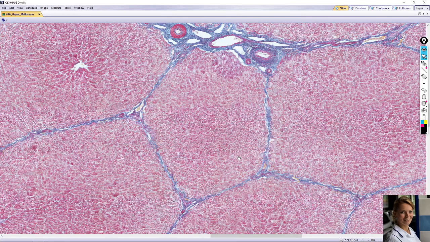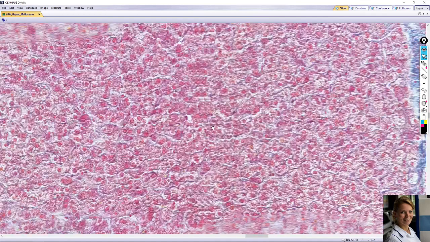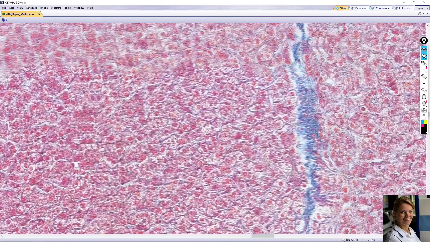We need another special staining method with silver ions. Sinusoids also contain macrophages called Kupffer cells, derived from monocytes, but in this staining method they are also not visible.